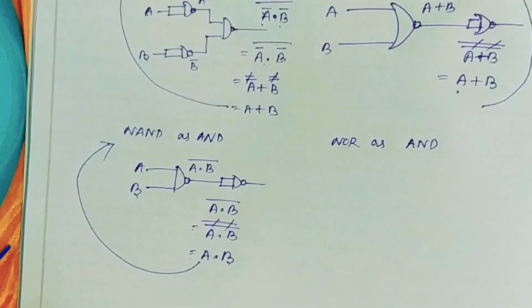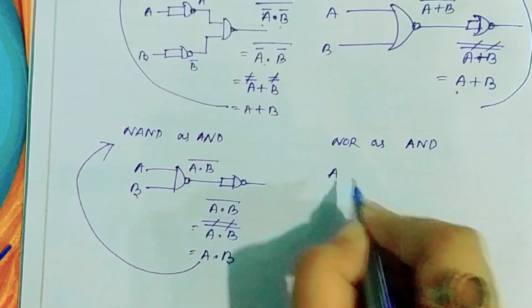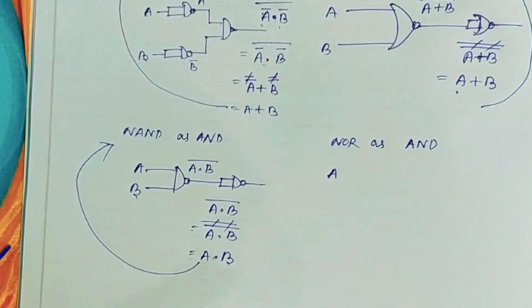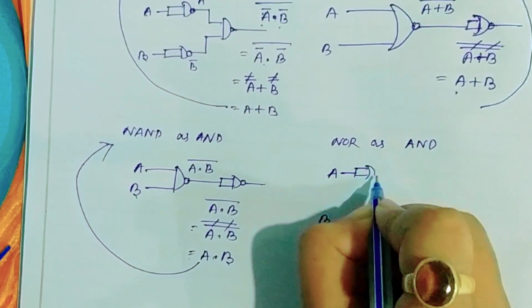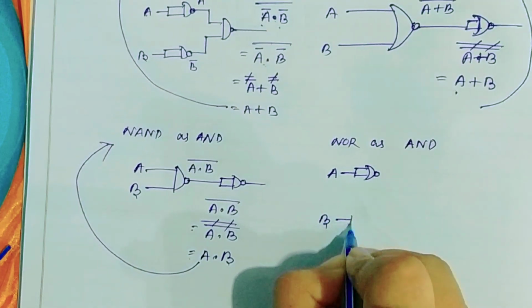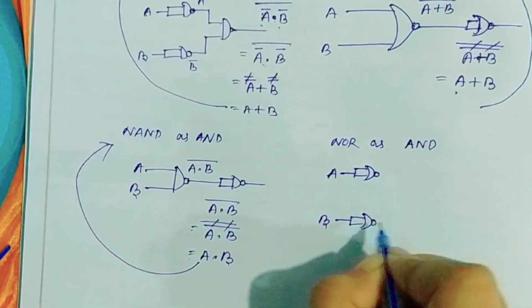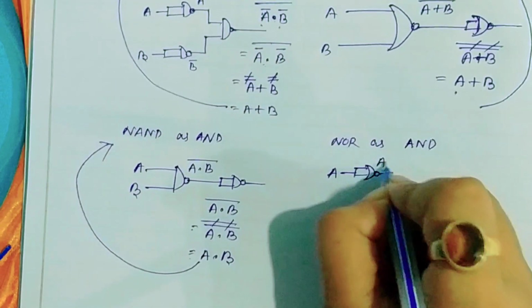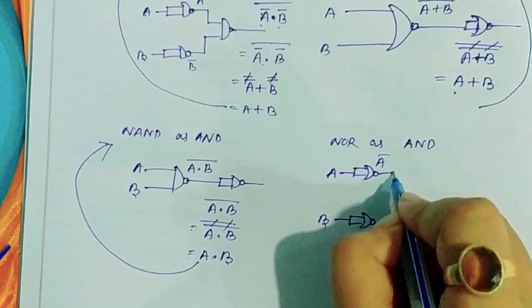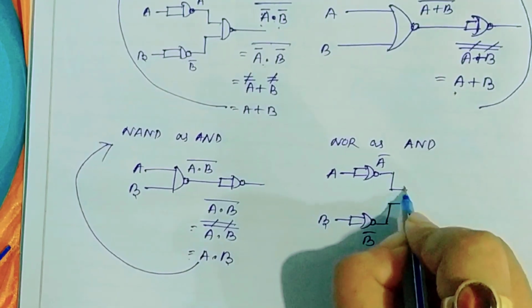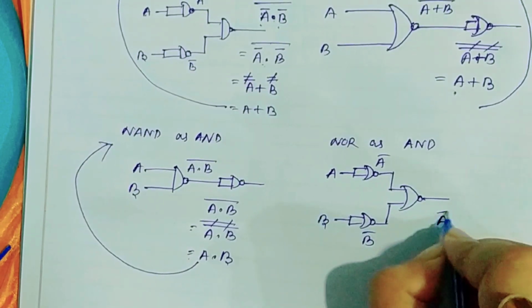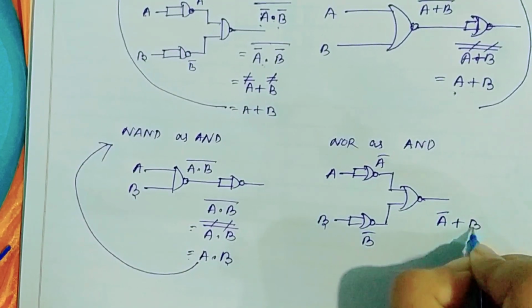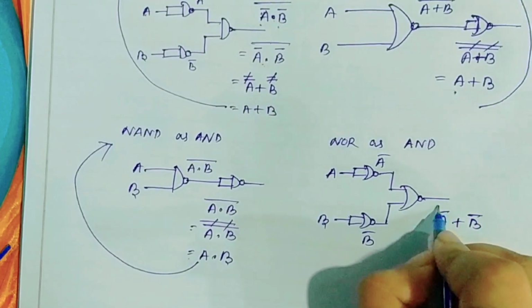For NOR as AND, we just have to take two different NOR gates of two different inputs like A and B. Here one NOR gate for A and another NOR gate for B give us outputs like A bar and B bar. Combine them together with another NOR gate and it will give us the output like A bar plus B bar, whole bar.